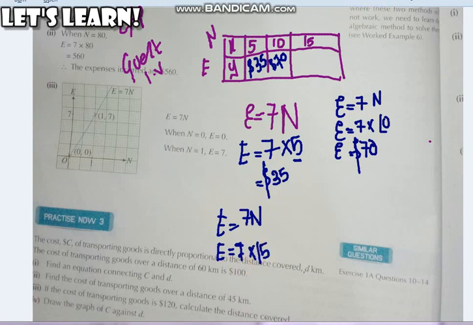So 7 into 15 is 105. So for 15 guests I have to pay $105. So it's $105 for 15 guests.